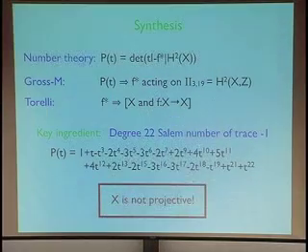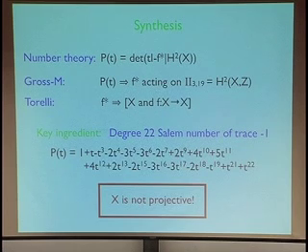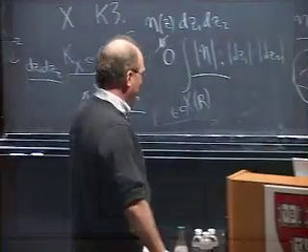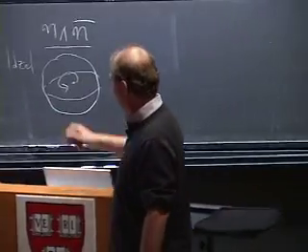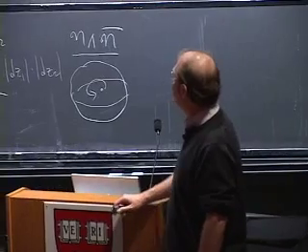Now, the next slide should be a picture of this island, right? Well, it's something I forgot to tell you. In the theory of K3 surfaces, I never said that a K3 has to be an algebraic variety. In fact, most K3 surfaces are not projective varieties.